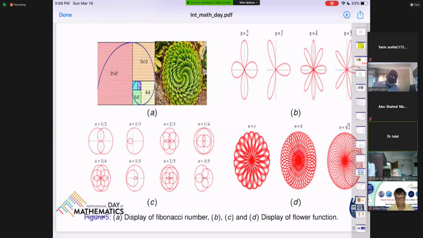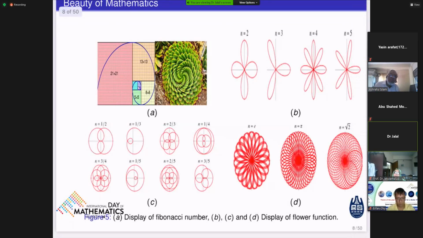Now, the application of Fibonacci numbers and some parametric equations. For the first one, the application of Fibonacci numbers, I just collected it yesterday from Google. And the second figure is the Rose function.